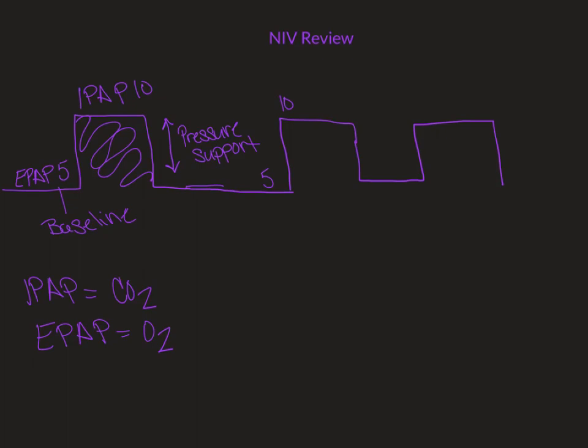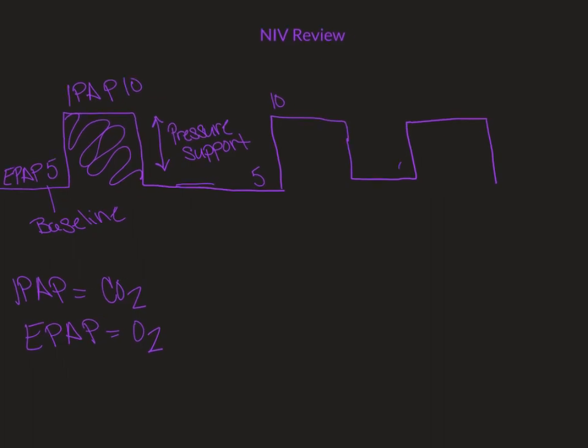So we just increased the EPAP to 6. We're still within pressure support because this is 10, this didn't change, but you can see that this breath is now smaller because this is our new baseline compared to the breath before. So we've helped oxygenation, but we've decreased the tidal volume, so they may retain more CO2. So if it's just an oxygenation issue, you can leave it like this.